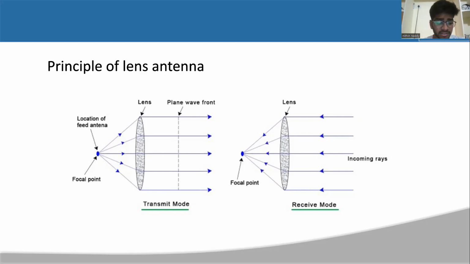Collimation occurs due to the refraction mechanism. It occurs in a lens with a refractive index of less than 1. As shown in receive mode, the parallel rays converge to a focal point after they have passed through the lens due to the refraction mechanism. A lens antenna is ideally used with a point source, but practically antennas are used at the focal point.